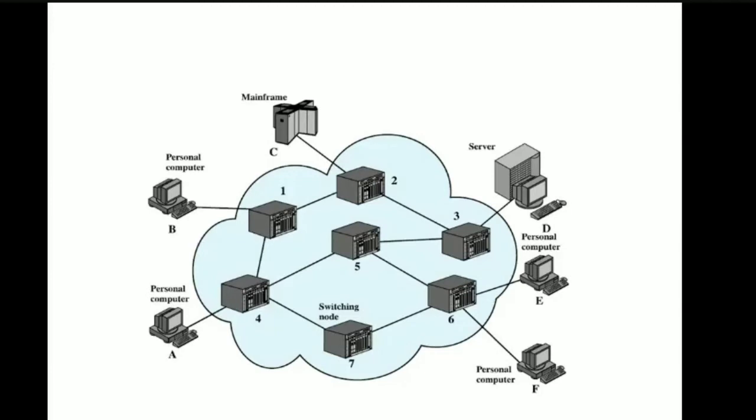Then node 4 is connected to node 5 and node 7, so the information can be sent from node 4 to node 5 or node 7. If it is from node 5, again it can send the information to node 6, and from node 6 it can send to the destination station F. So this is how the nodes are going to switch the information from source to destination.